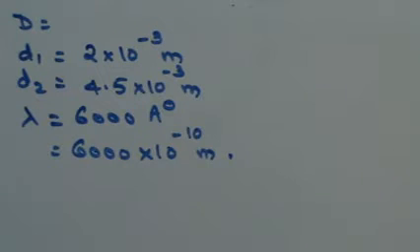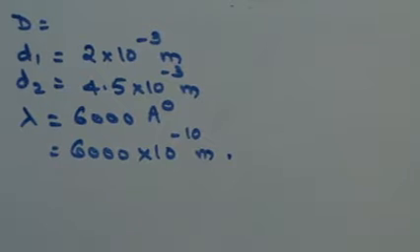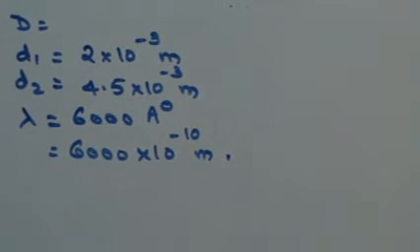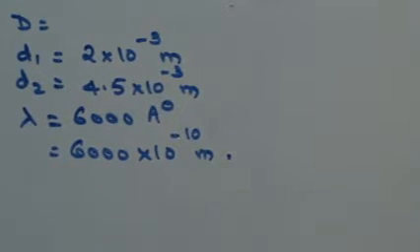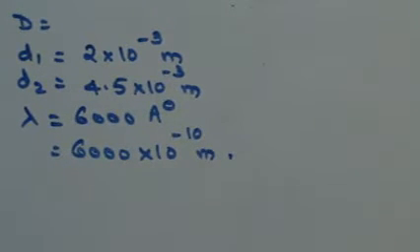Find, first part of the question, the distance between the 8th bright band and the 5th dark band on the opposite sides of the central band.